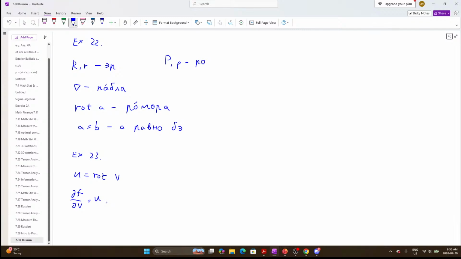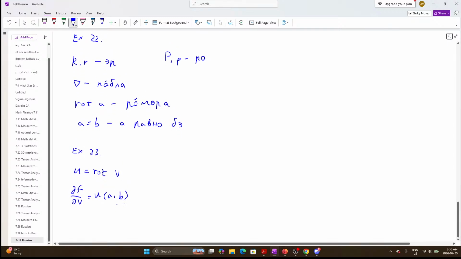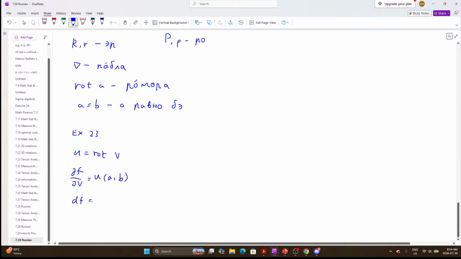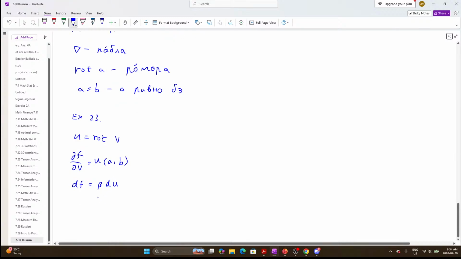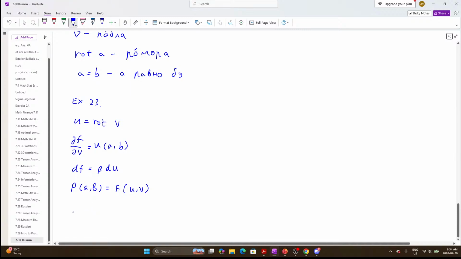So you say мне все равно, like I don't care. Then df equals beta du, the second equation, the third equation, the fifth equation, p of ab, f equals f of uv. And finally, you have the gradient symbol. Gradient is defined as d over du, d over dv.